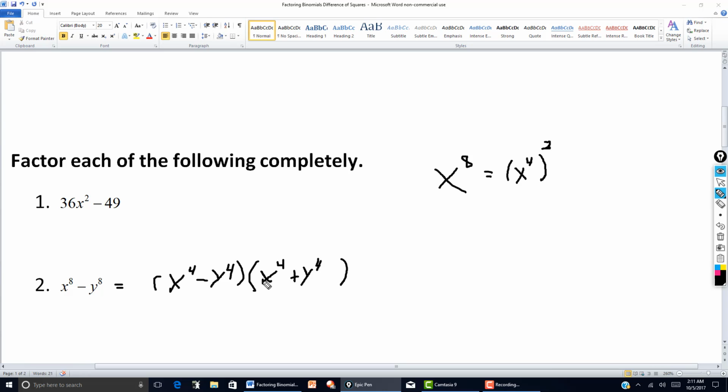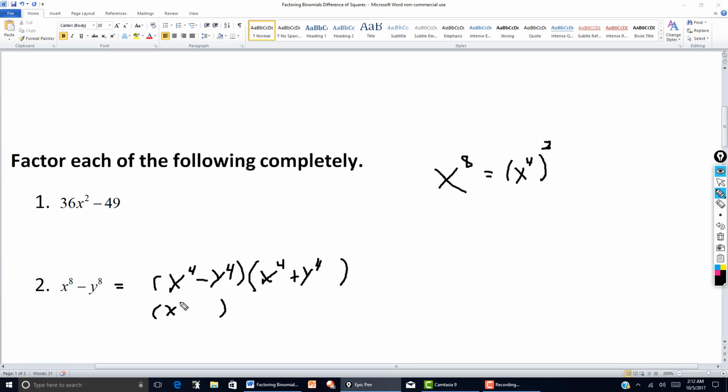Then you look at these again to see if you can continue the factorization. X to the 4th plus y to the 4th is the sum of two squares. Those are squares, but we don't have a formula for the sum of squares. Now for the first factor, we have the difference of x to the 4th and y to the 4th, which are perfect squares.